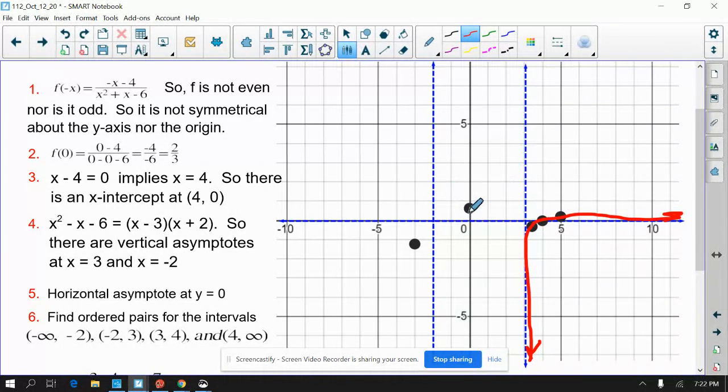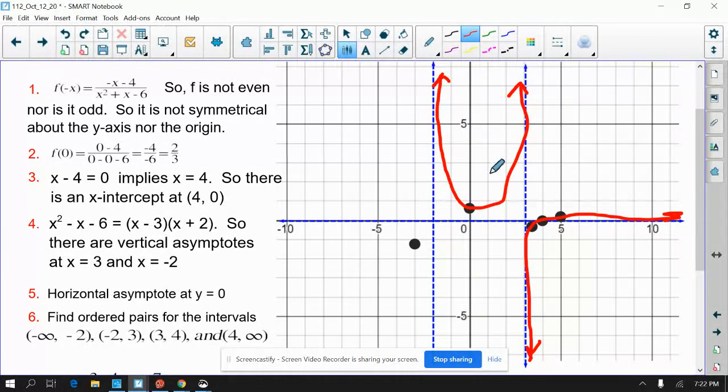I know I've got a positive y-intercept right here. I can't suddenly jump down to the negative, because to get down to the negatives, I must have at one point crossed over the x-axis. That means I would have another 0, another x-intercept. And I only have one x-intercept, (4, 0). So because of those two ideas, I know that all the values in this middle section are above y equals 0.